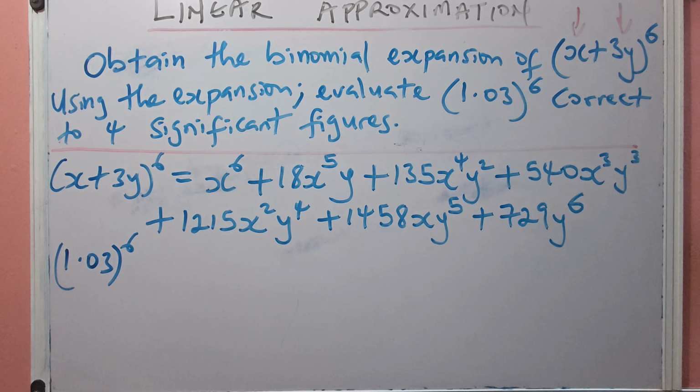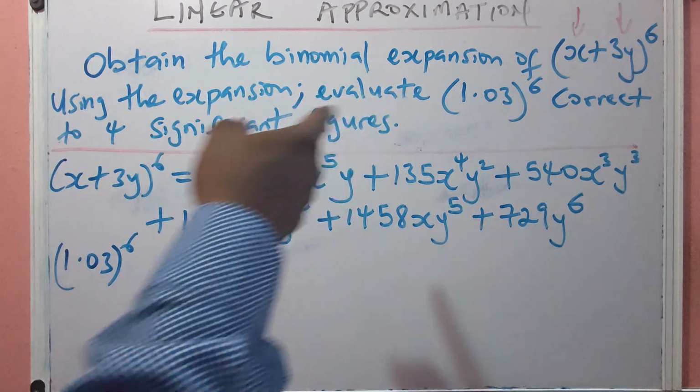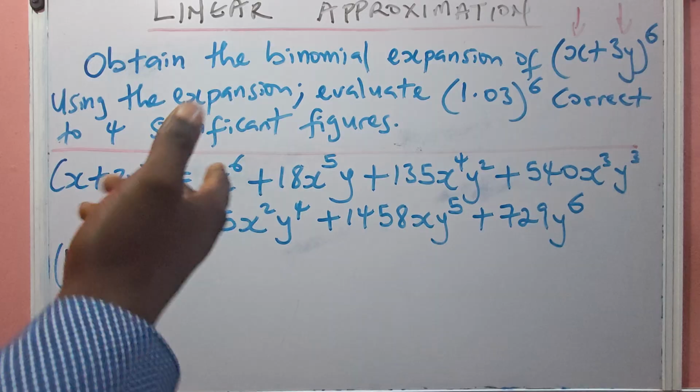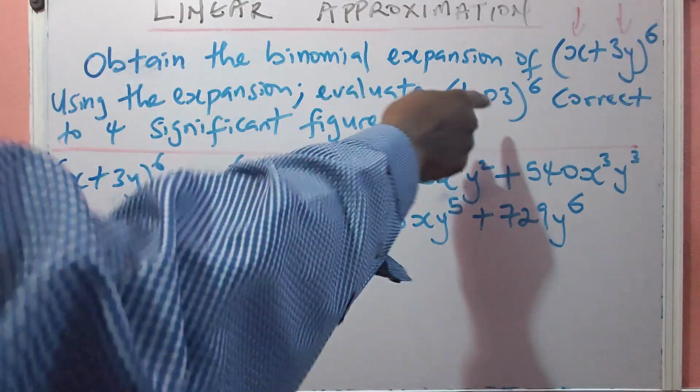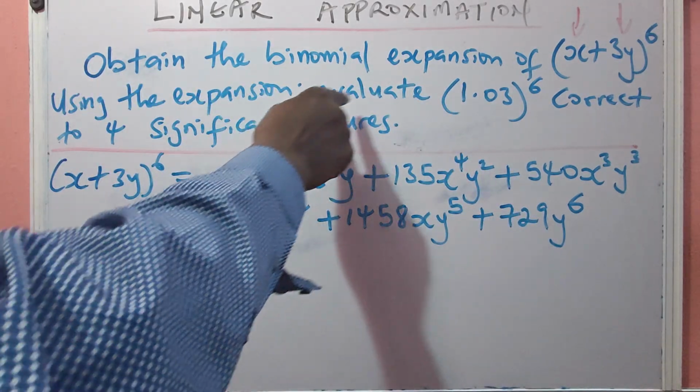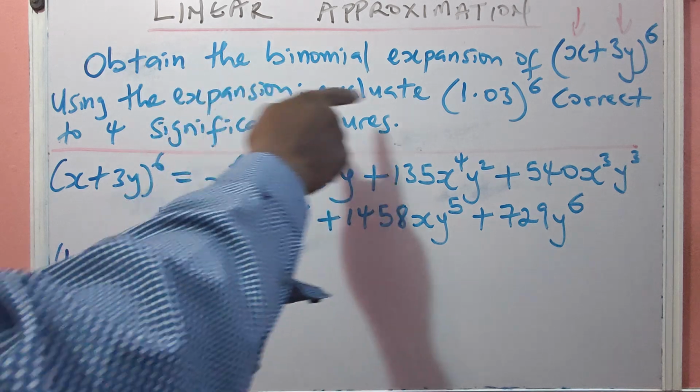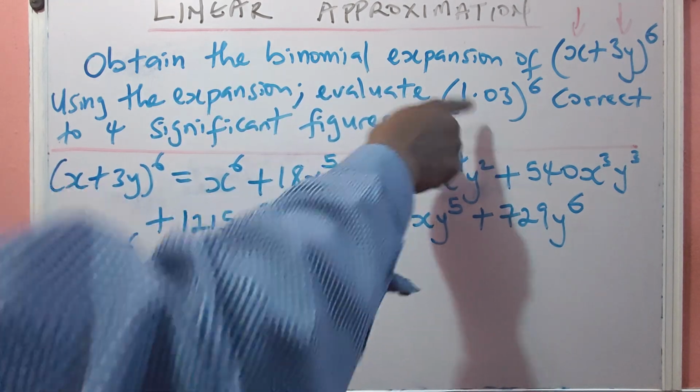Now, looking at this expression, don't forget in our previous examples, we always said this was what we used to solve the second question, where we're supposed to find an approximate value. Of course, this is what the second question is saying: using the expansion, evaluate this. That means we're supposed to find an approximate value for this.